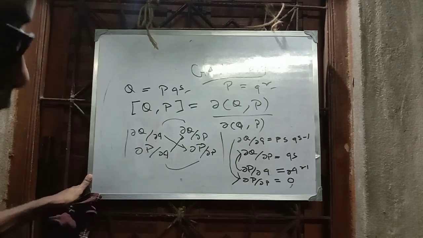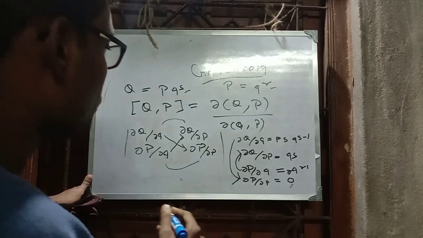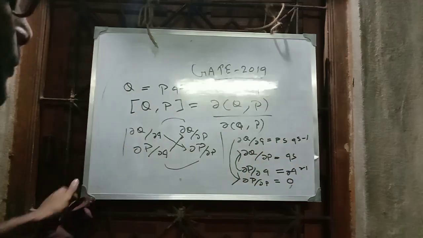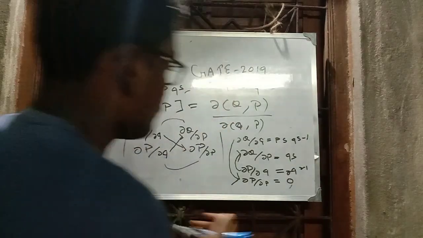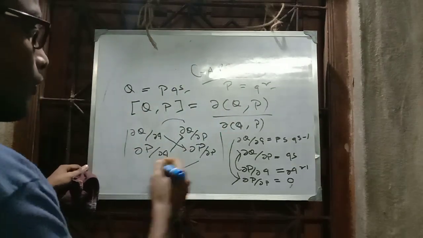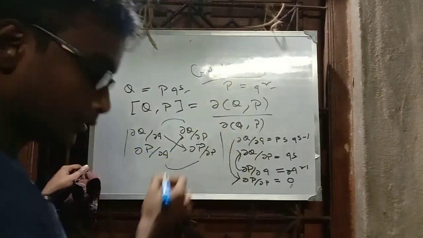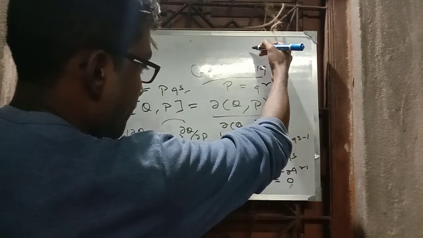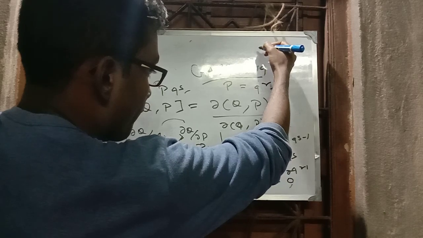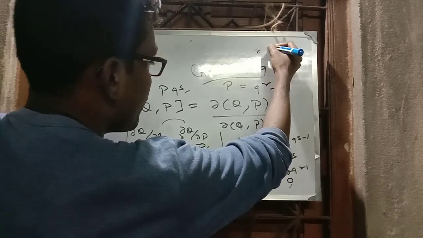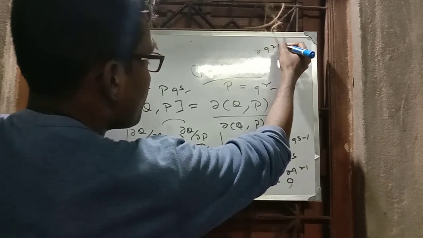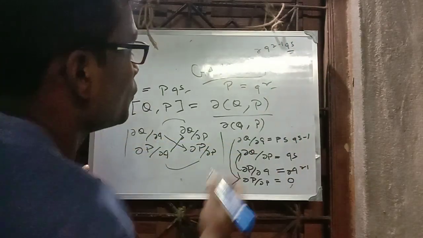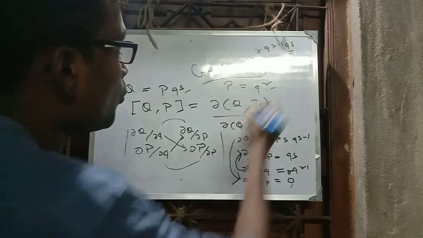Okay, everything is okay. So you have this into this minus this into this. That means R q^(R-1) q^S is equal to 1.